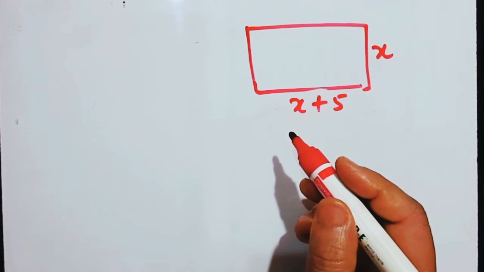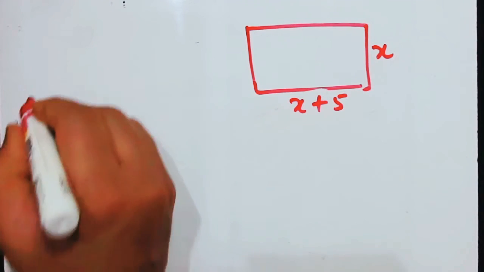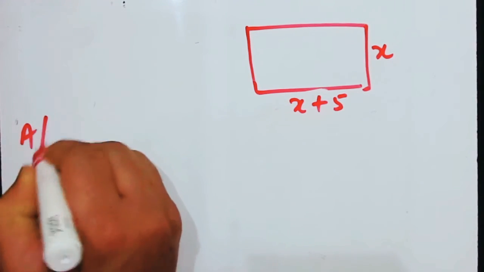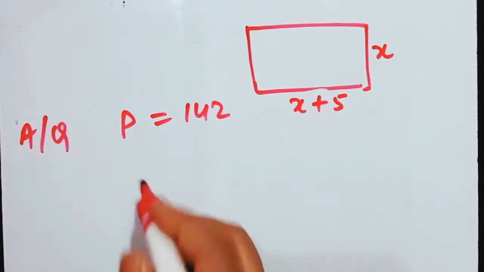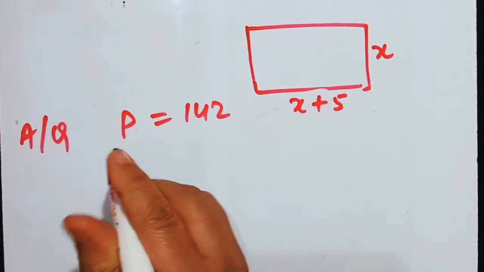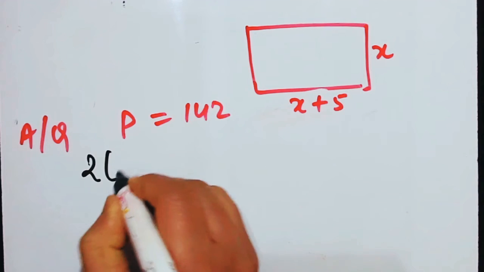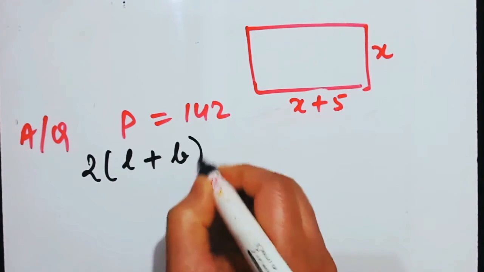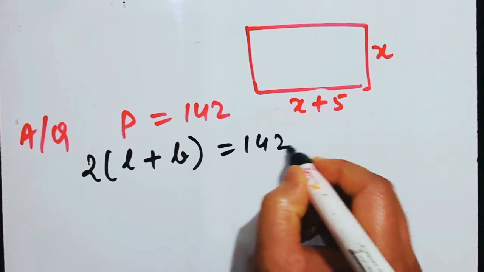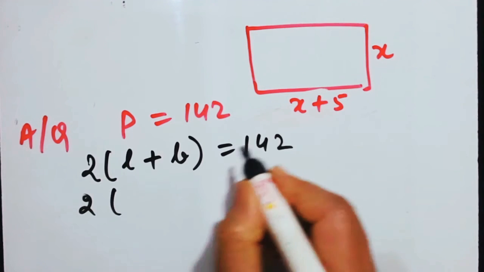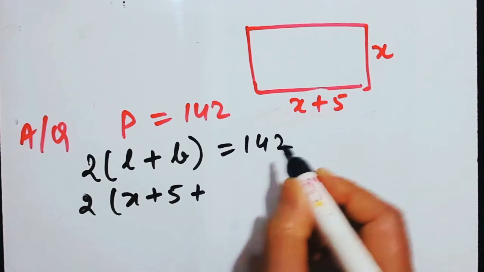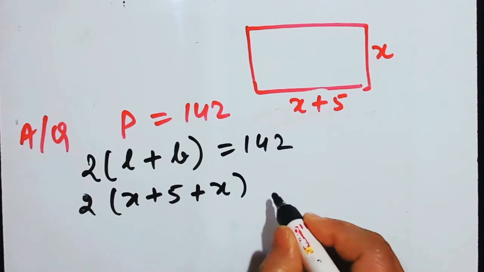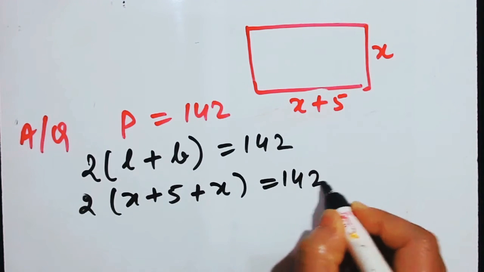If the perimeter of the plot is 142 meter, they have already given you, according to the question, perimeter is equal to 142 meter. And you know how to find the perimeter of a rectangle as 2 times length plus breadth is equal to 142. So 2 times x plus 5 plus x, that is breadth, is equal to 142.